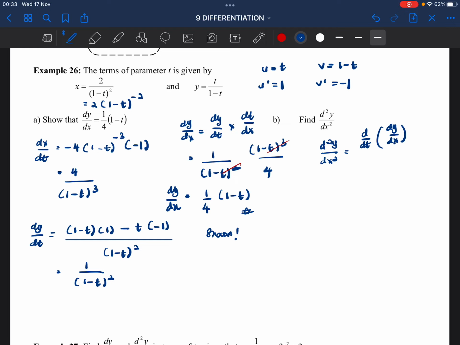Okay, just basically just differentiate dy over dx with respect to t. So below here is dx over dt. Okay, so let's do this. So d over dt. So what is our dy over dx? So our dy over dx is basically this thing here. So 1 over 1 minus t.